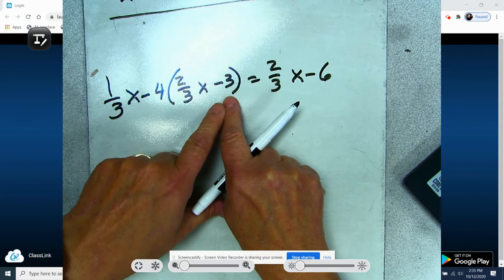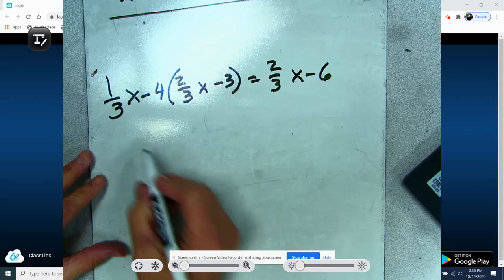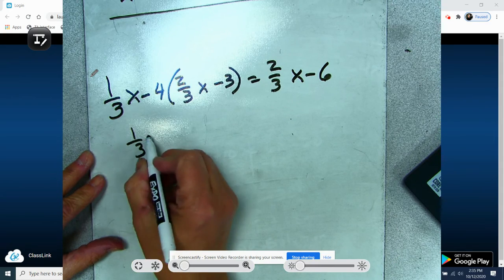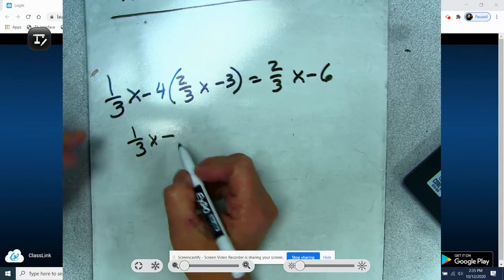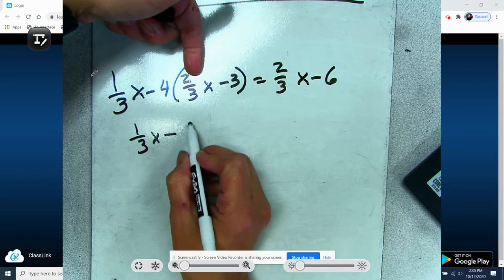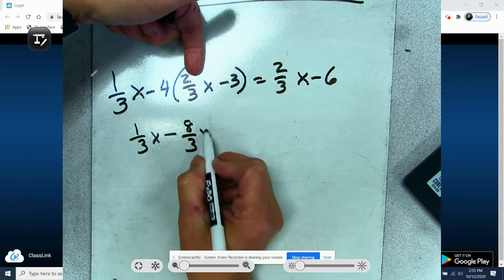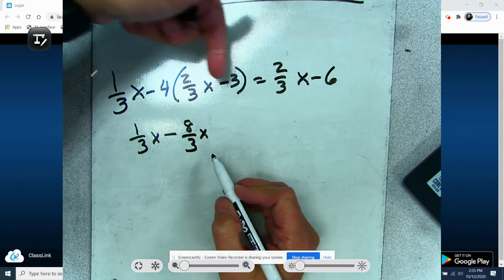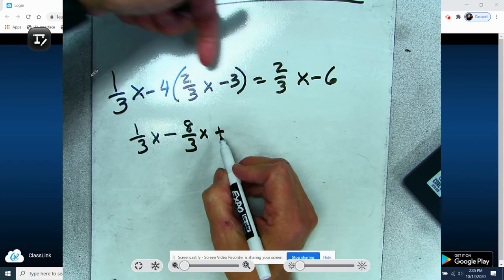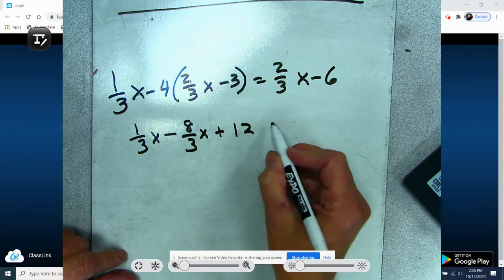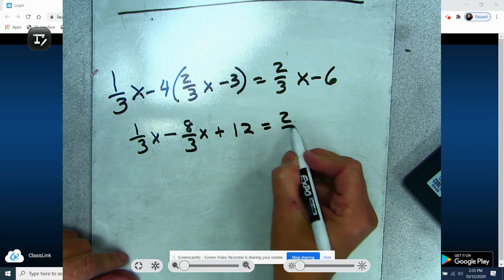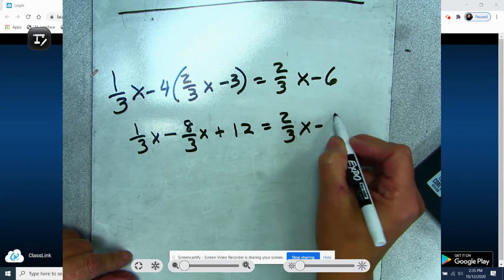If you think you're going to mess it up, do the distribution first. So 1/3 x minus 4 times 2 is 8 over 3x. Negative times a negative is a positive. 4 times 3 is 12, and this equals 2/3 x minus 6.